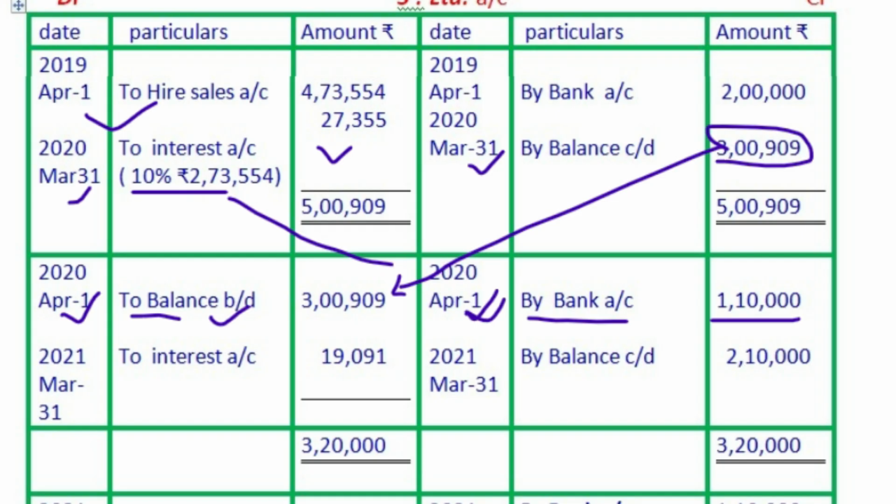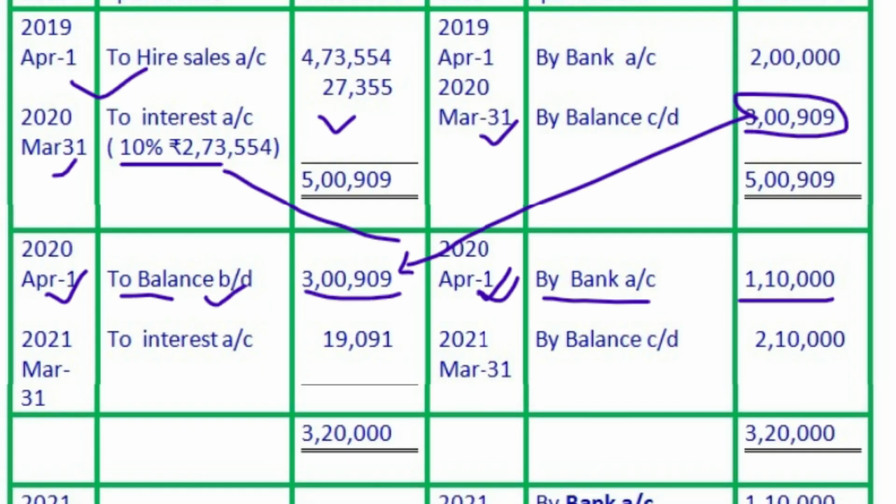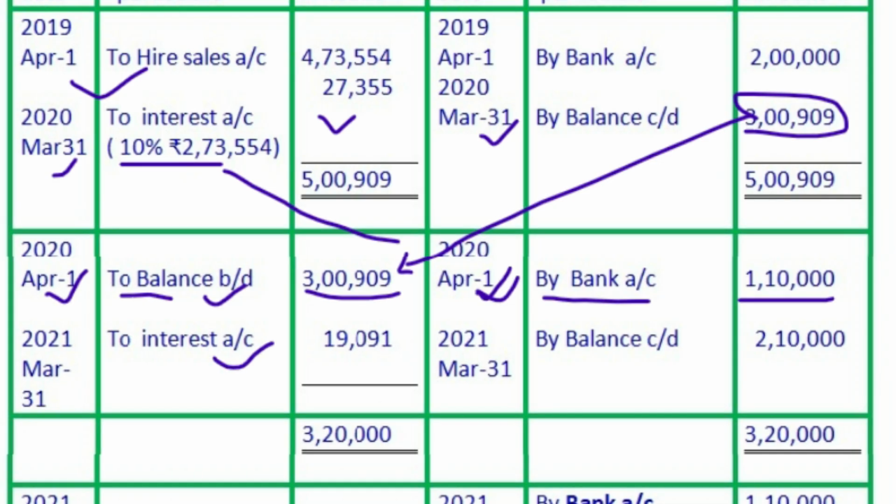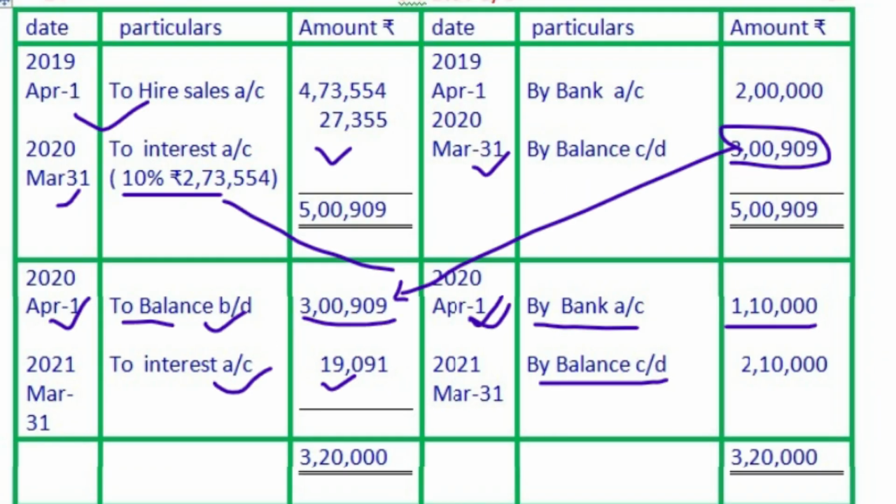And in this way, again the second year interest is to be calculated. 3,909 minus 1,10,000, then the balance is 1,90,909. On this balance again 10% interest is 19,091. Again the balancing of this account; the second year installment of 1,10,000 will be paid on the first day of next year.